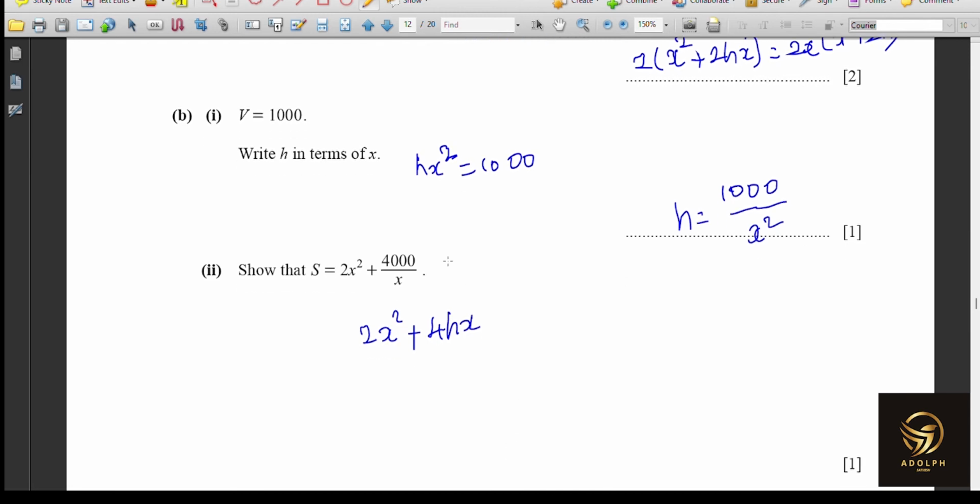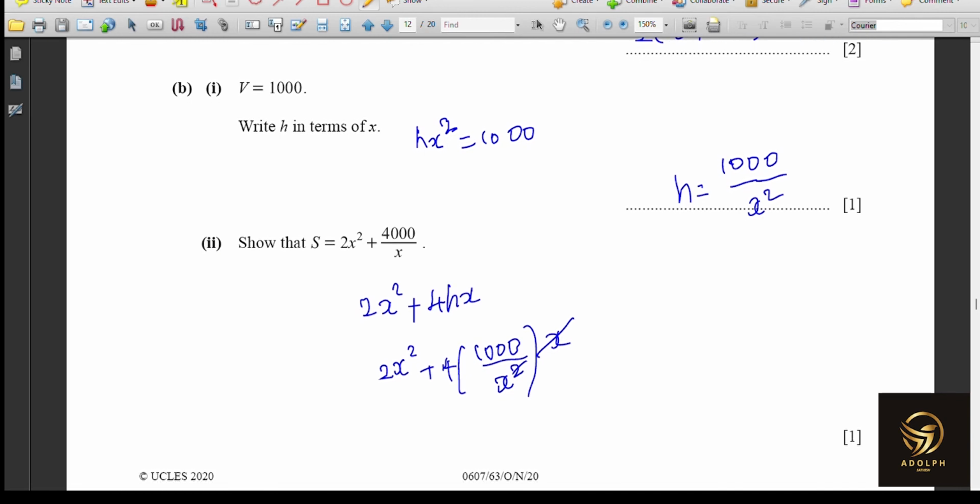Now I can substitute the value of h because that's what is given here. 2x² plus 4h is nothing but 1000 by x² into x. So this x and x² will get cancelled, so 4 into 1000, 4000. So I'm getting the answer of 2x² plus 4000 by x, because in the denominator we have x², only one x got cancelled, so it's going to be 4000 by x, and that's what we have to prove.